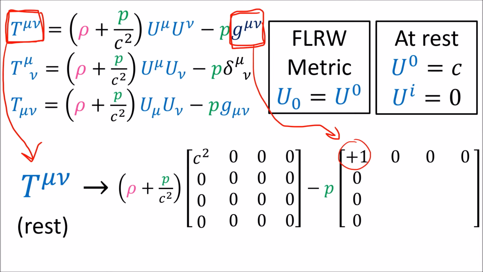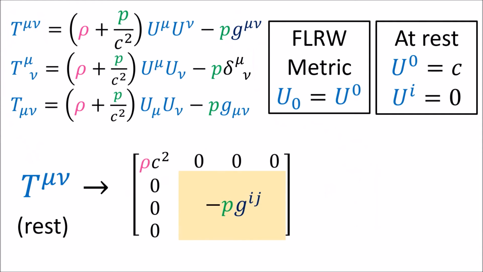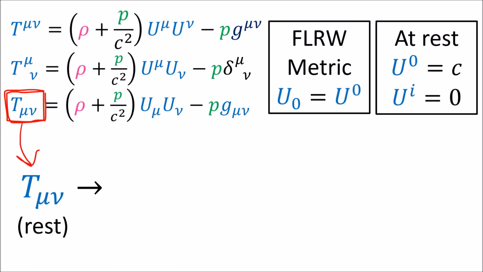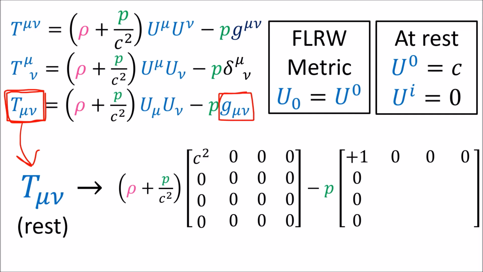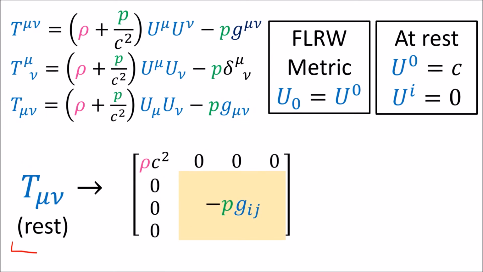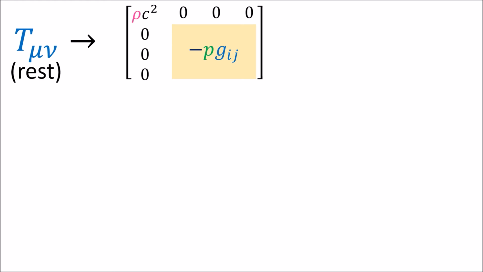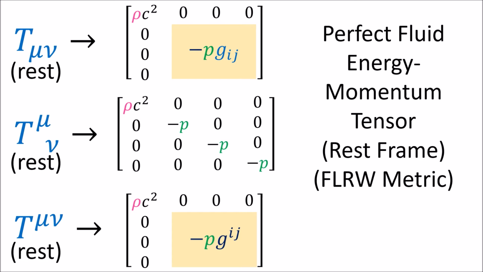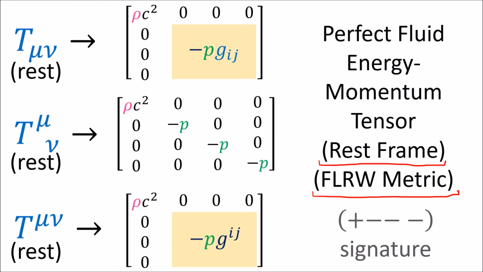But the spatial components are more complicated, so I'm just going to write them as GIJ with upper indices. So the final result looks like this. And for the EM tensor with lower indices, it looks the exact same, except with the ordinary metric with lower indices instead. So these are all the various perfect fluid energy momentum tensors in the rest frame coordinates of the fluid for the FLRW metric, using the mostly minus metric signature.